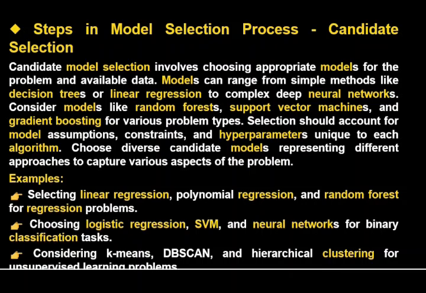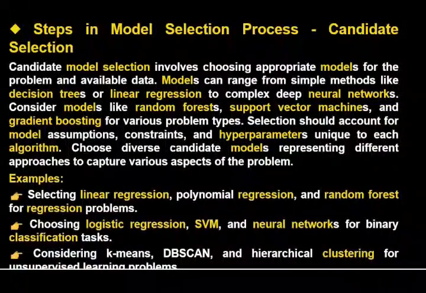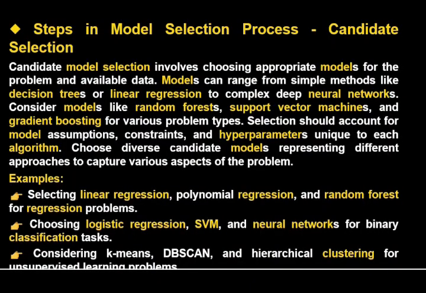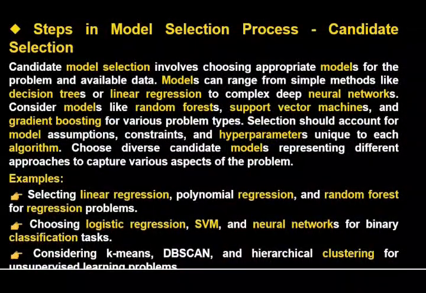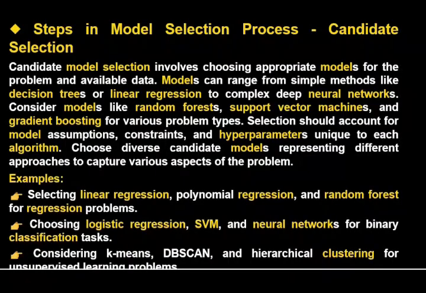These models can be simple models like linear regression or decision trees, or complex models like artificial neural networks or ensemble methods. And we have to consider model assumptions, model hyperparameters, and model computational requirements.